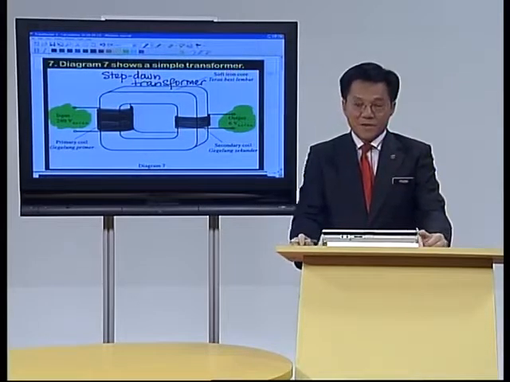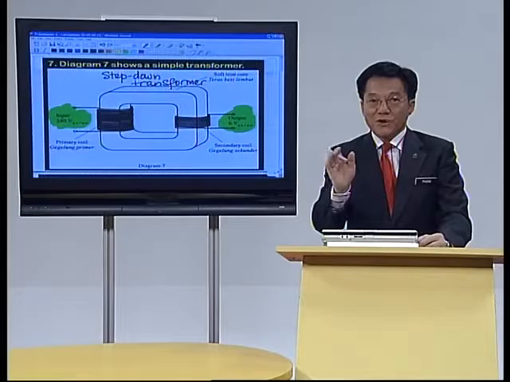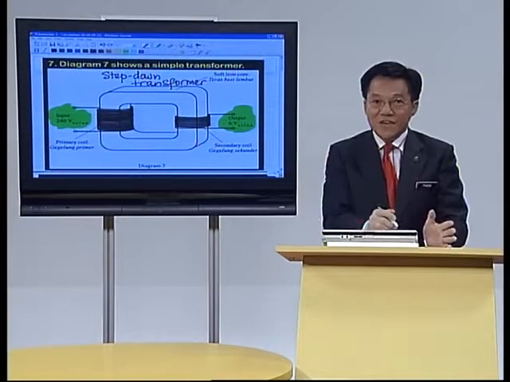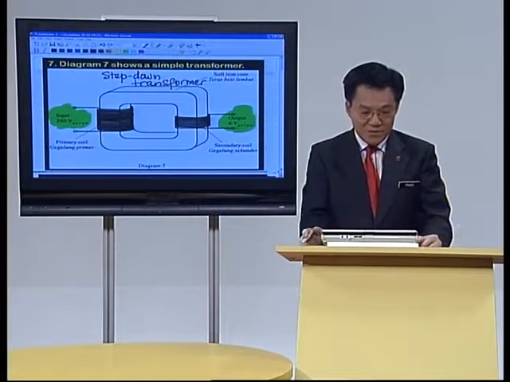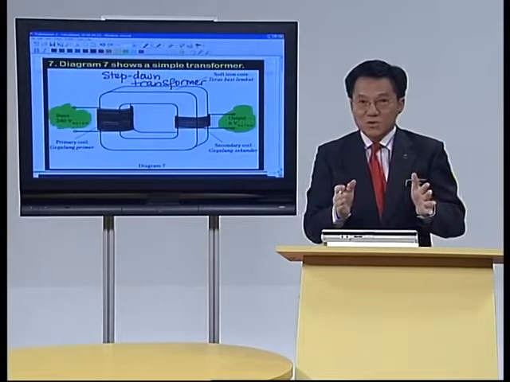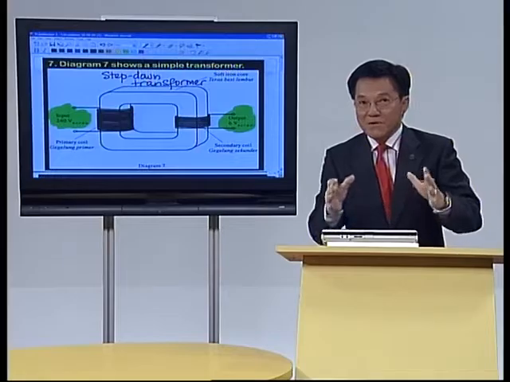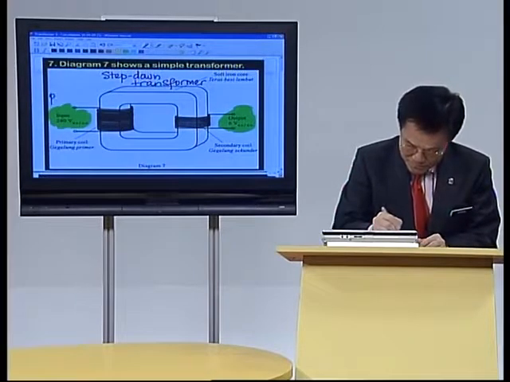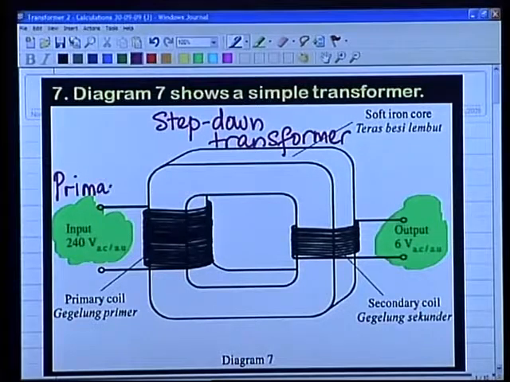Alright, so far so good. I'm going to write down two more terms on the left and the right-hand side of the diagram. The input, just now I mentioned that it is also known as the primary coil. So the primary coil is the input.